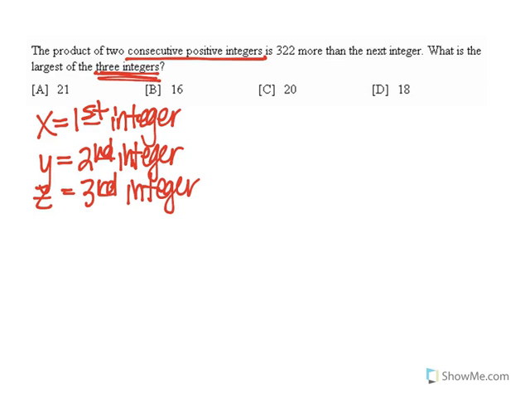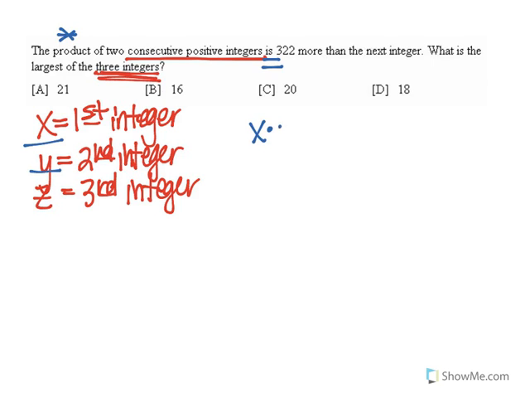Alright, so they say that the product of two consecutive positive integers is, so that's going to be my equal sign, 322 more than the next integer. So product means I'm going to be multiplying. Two consecutive positive integers, so I'm multiplying x and y.